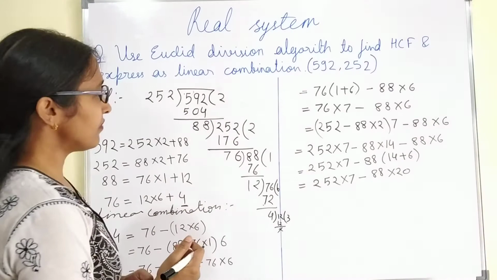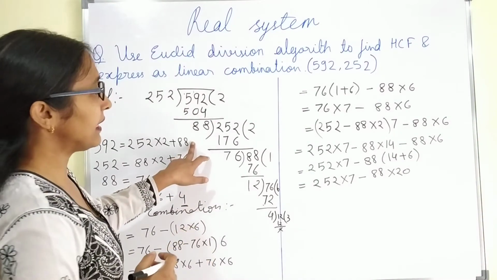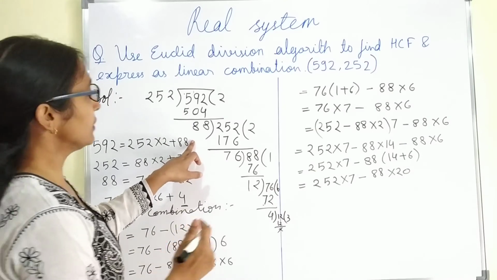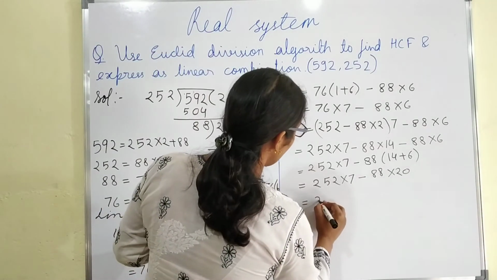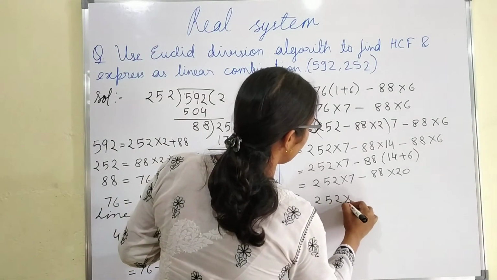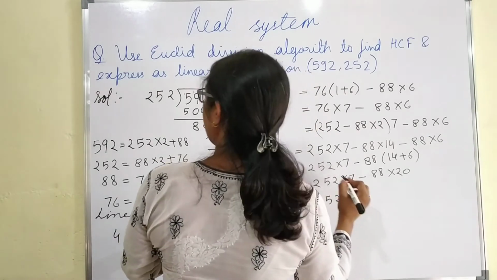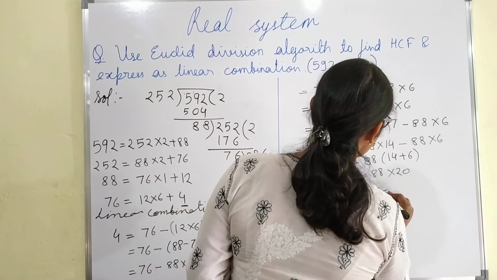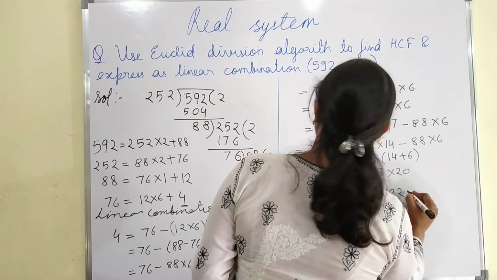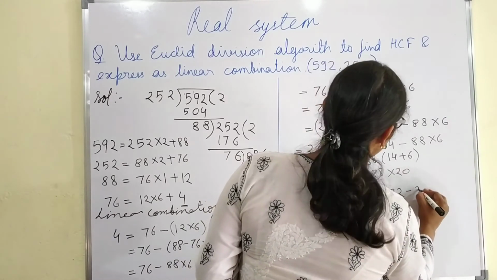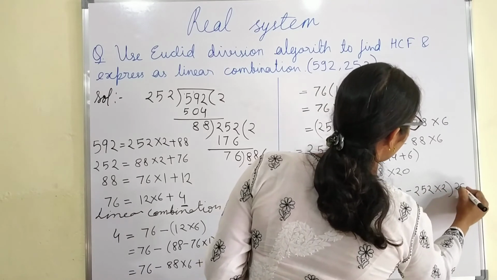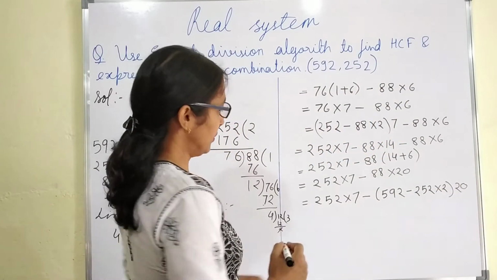Now I will put value of 88 in this equation from here. So it will be 252 into 7 minus 592 minus 252 into 2 multiplied by 20.